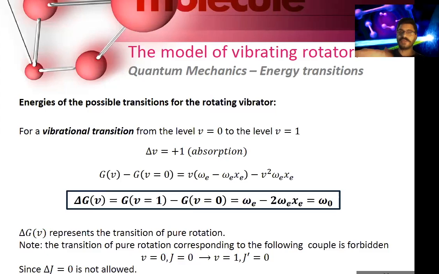But if you look at the gap and take the middle of it, this value should be omega 0. And notice here, the transition of pure rotation corresponding to the following couple is forbidden: v equals 0, j equals 0 to v prime equal 1, j prime equals 0, delta j equals 0 is not allowed. But the difference is between v equals 0 and v equal 1, and it's given by this.